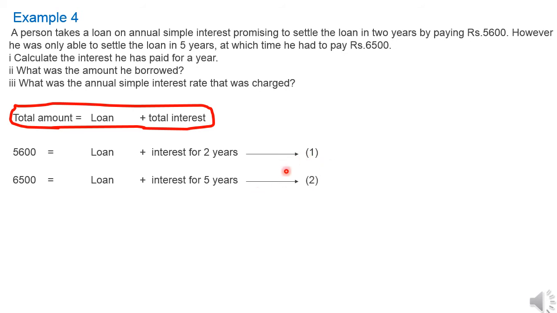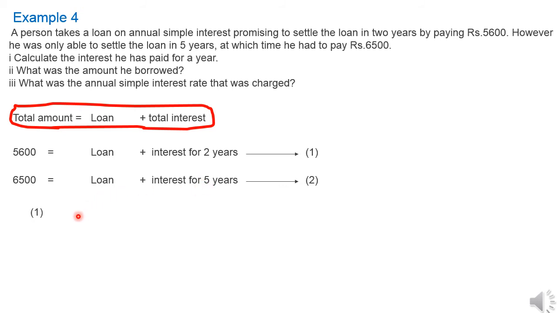Then I name that equation as the second equation. Now you can see, student, I have two equations, equation 1 and equation 2. Here 5,600 means loan plus interest for 2 years, and 6,500 is loan plus interest for 5 years.